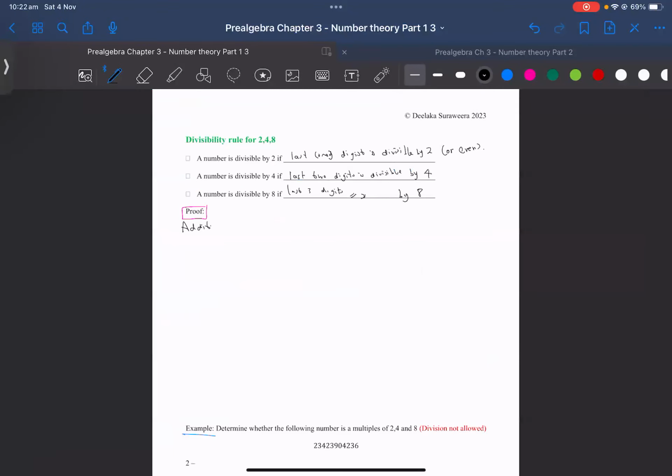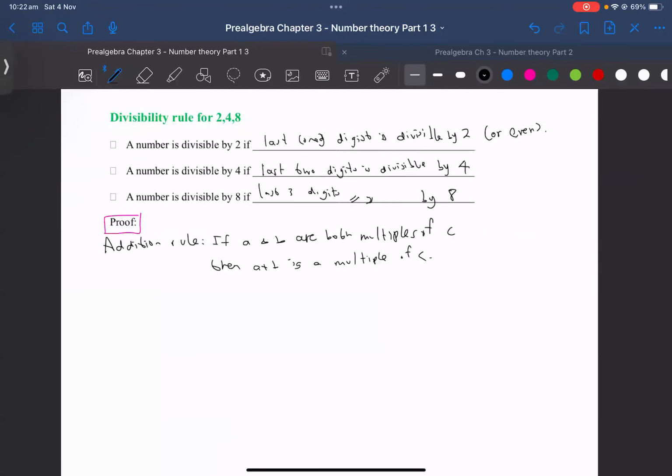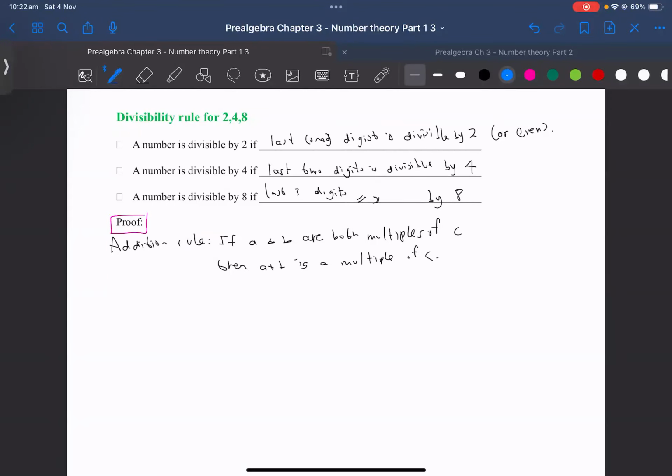So the addition rule, I'll write it again. If A and B are both multiples of C, then A plus B is a multiple of C. It's very important. Okay. So if I write a really long number, like 1, 2, 3, 6, 8, 7, 5, blah, blah, blah, 4, 3, 2, 6, from this divisibility rule, is this divisible by 2 or not?